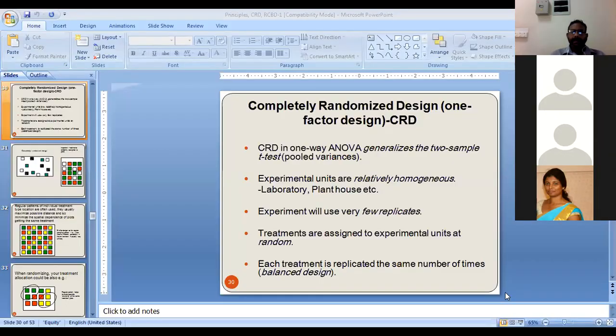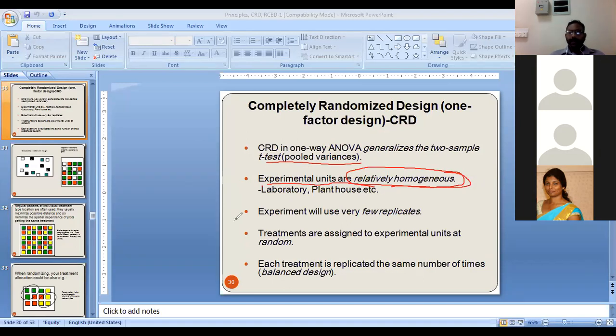Right, now we will continue with the design which we mentioned last time. This is the extension of Anova, as we said, and also the CRD design is the extension of the pooled t-test, as I mentioned. This design is ideal for conducting experiments, especially in an area where the experimental units are more or less homogeneous.